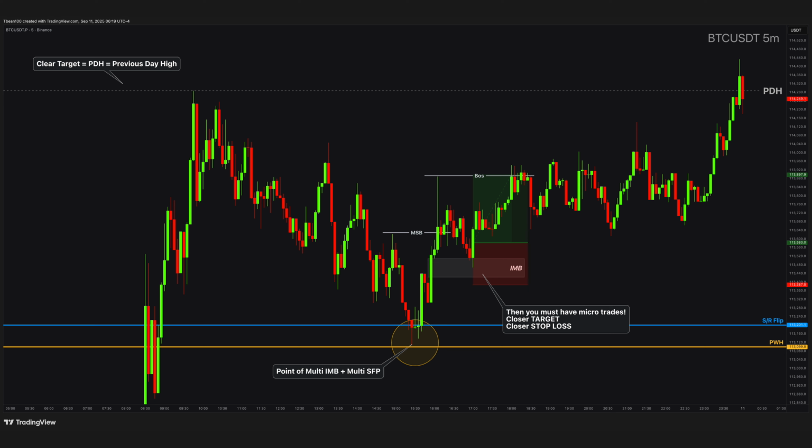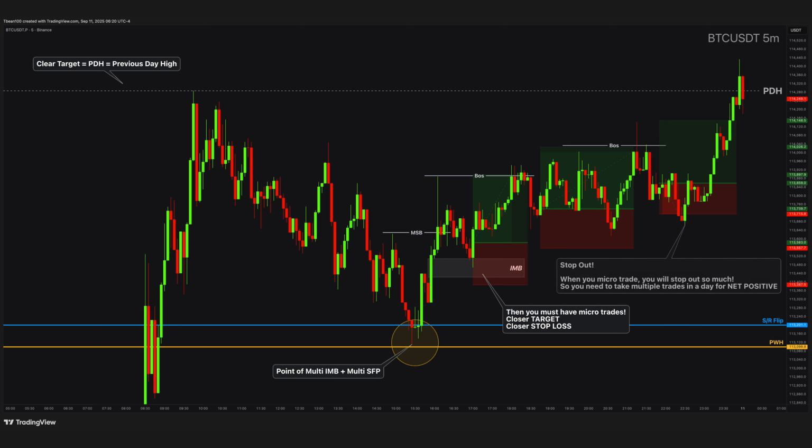What you do here is actually quite simple. You just follow the trend. With every break of structure, you look for opportunities to take small trades, setting closer stop losses and closer targets. Just like you can see in these examples.